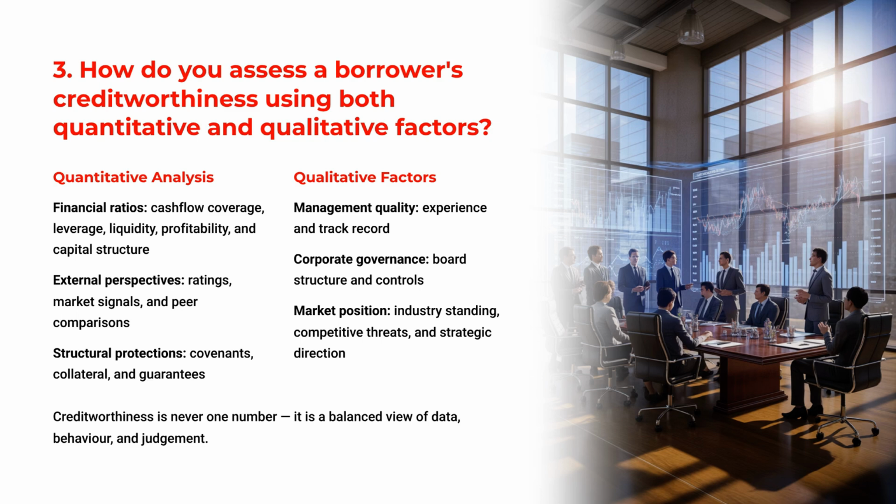Combine these with external perspectives, ratings, market signals, and peer comparisons. Finally, assess structural protections, covenants, collateral, and guarantees. Creditworthiness is never one number. It is a balanced view of data, behavior, and judgment.